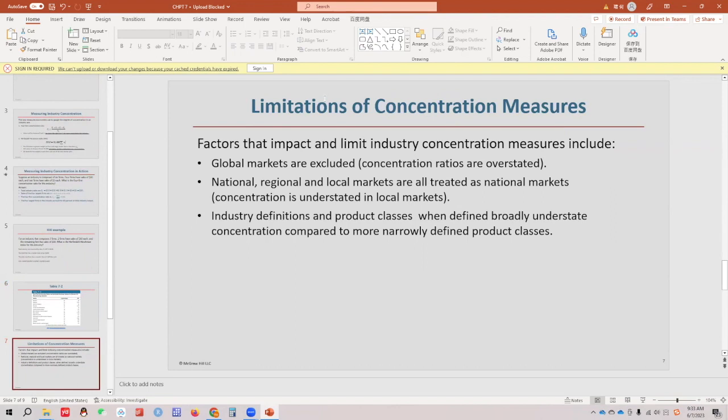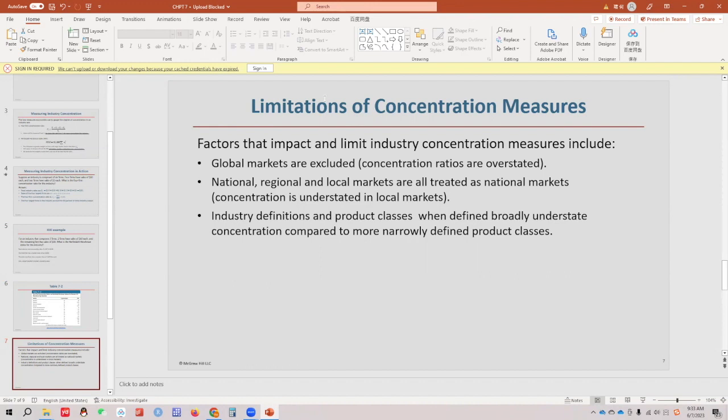Here are some limitations of concentration measures. Factors that limit industry concentration measures include, first, we don't consider global markets. Second, national, regional, and local markets are all treated as national markets, with no detailed sectioning between these different levels.